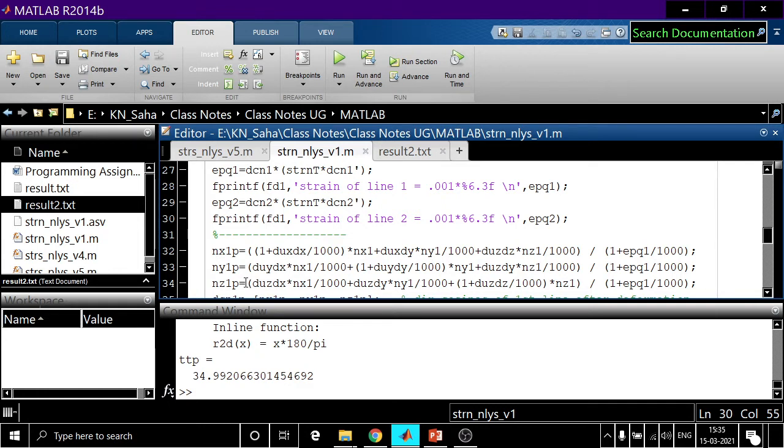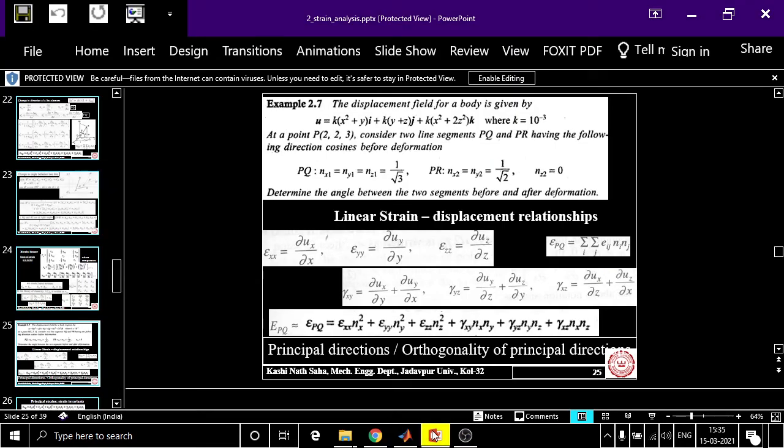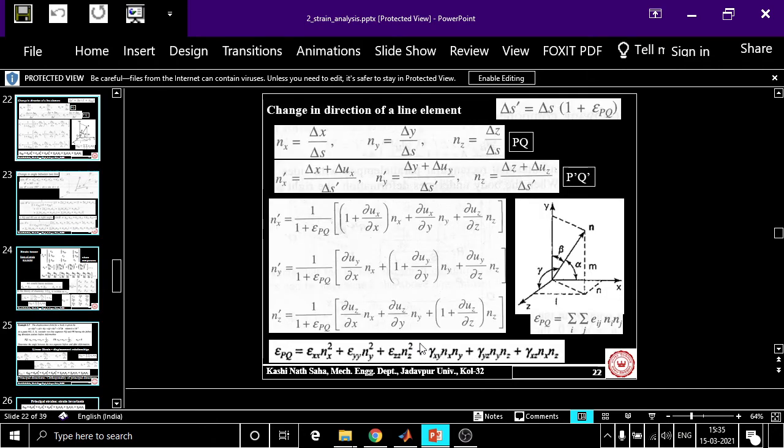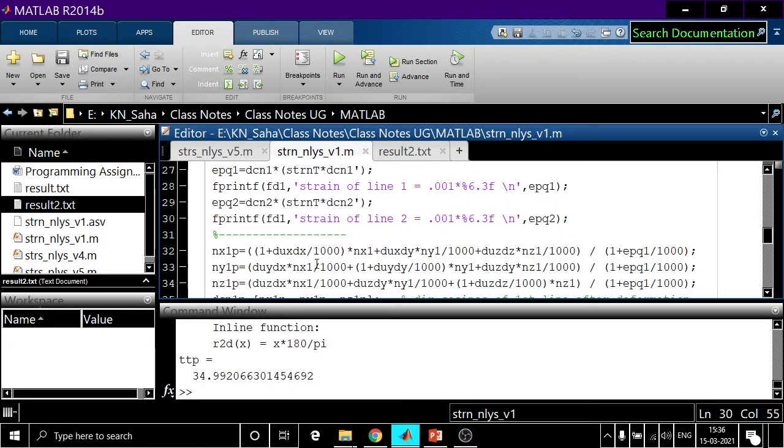That means this is calculated following these three sets of equations, right. So that is the calculation of nx1 primed, ny1 primed, nz1 primed. This is for line 1. That part is okay, right.